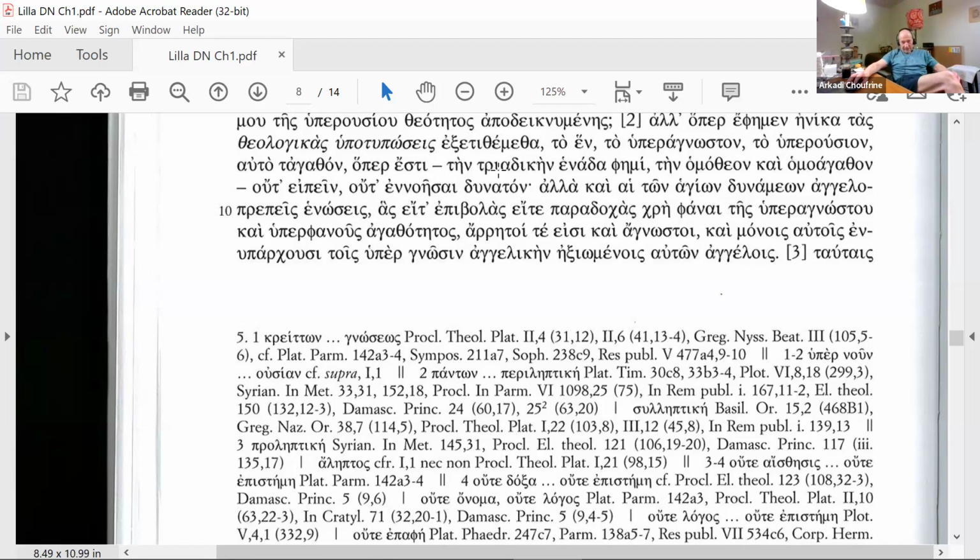Often it works by means of expressions wearing, so to say, two hats at once, to use the English idiom. So do you see that with hyperagnostu agathotitos, with one of them it's the genitive of the object, and with the other it's the genitive of the subject? Can you tell which is which?